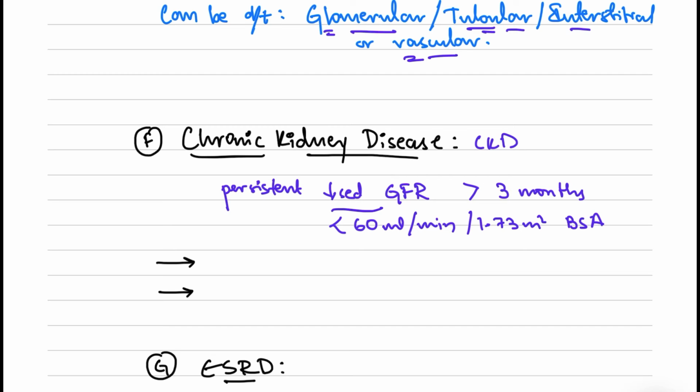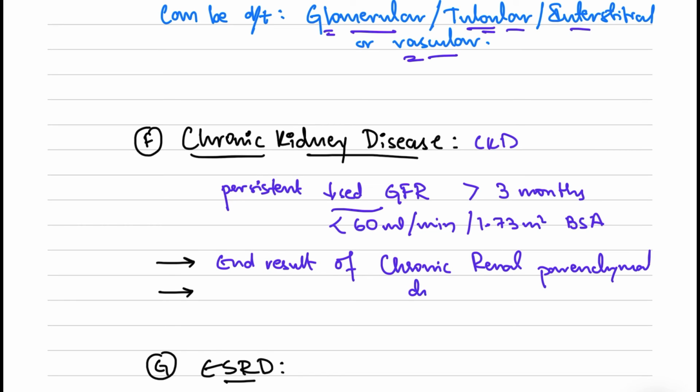This is actually an end result of chronic renal parenchymal disease. The signs and symptoms of chronic kidney disease are mainly the signs and symptoms of uremia as well.